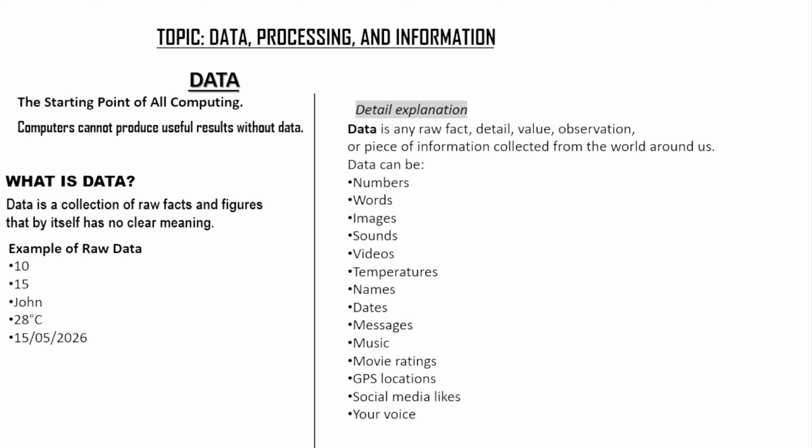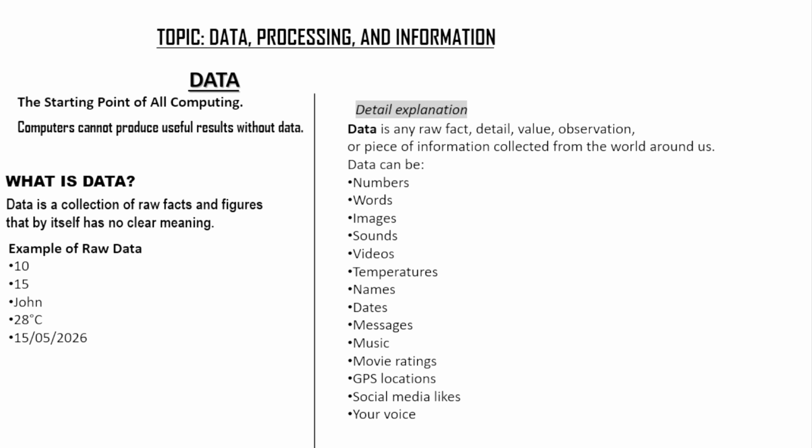Data can be almost anything around you: the music you listen to, the movies you watch, the messages you send, the photos on your phone, the temperature outside, your GPS location, even your voice right now. All of these are forms of data. Every click, every like you do on social media, every search you do, every video you watch online generates data. And computers are constantly collecting and processing this data every second.